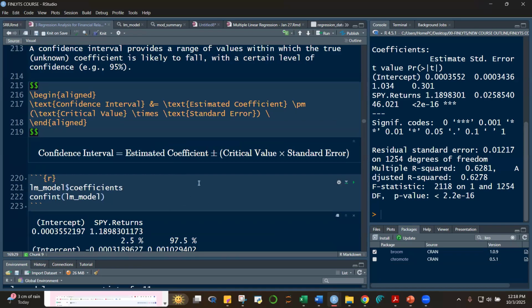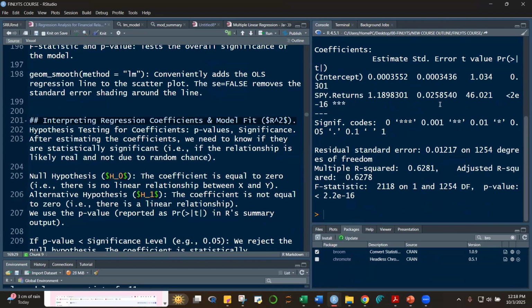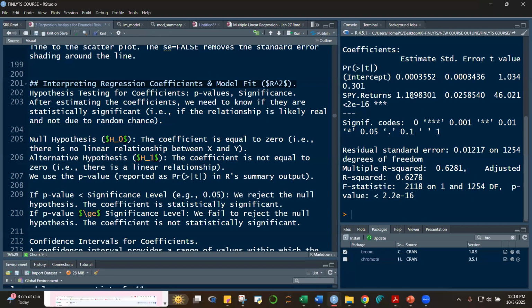Okay, let's take a look at the confidence level now, class. The values here, the SPY returns and the intercept, are what we call point estimates. But in reality, the real value of SPY returns and the real value of the intercept lies within a range between two values.